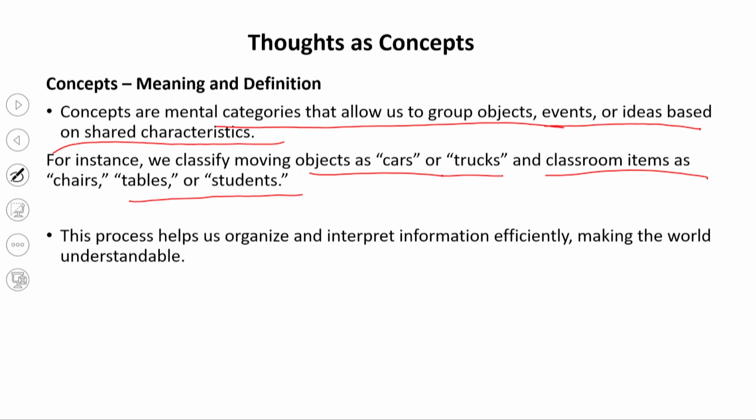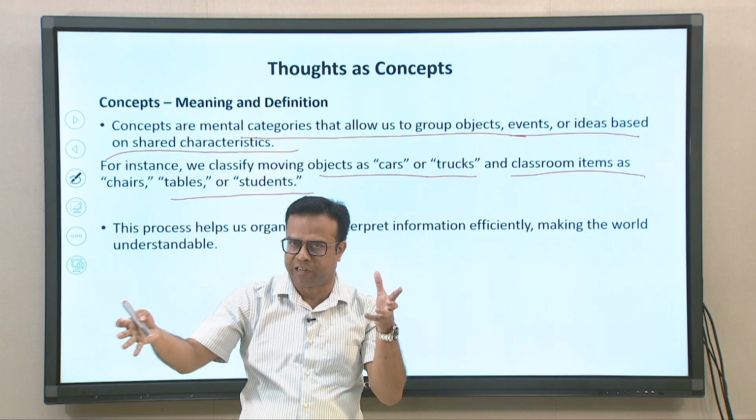You do not have to individually look at a lot of these items. When we see a moving object, we do not have to process each and every moving object. We say this is a car or this is a vehicle which moves. So, we can categorize all the moving objects in one category. So, it helps us to organize information efficiently.